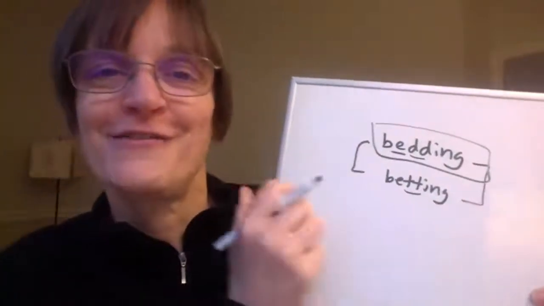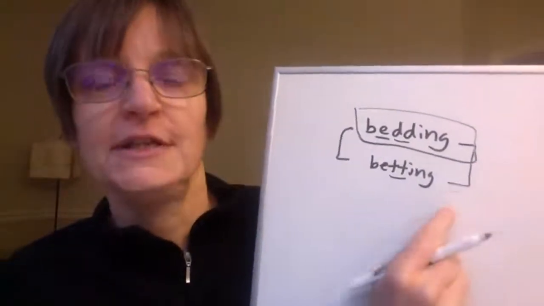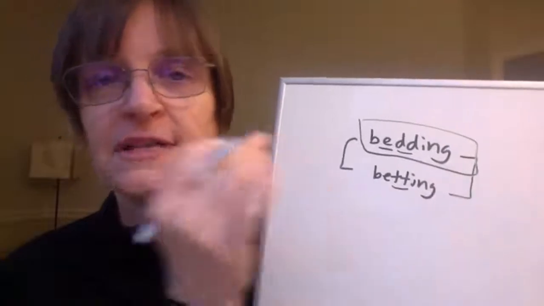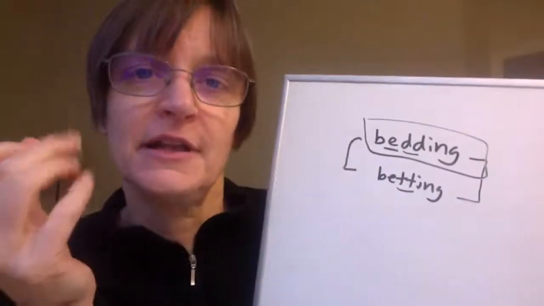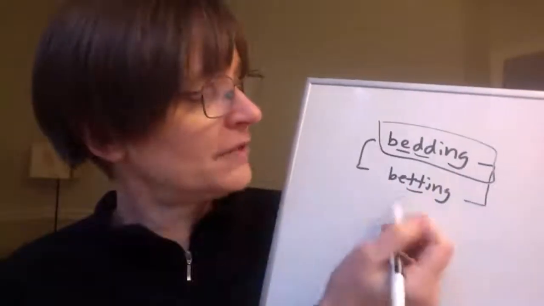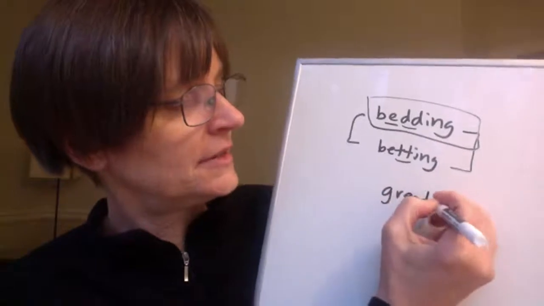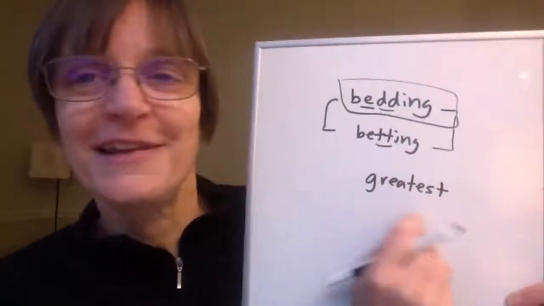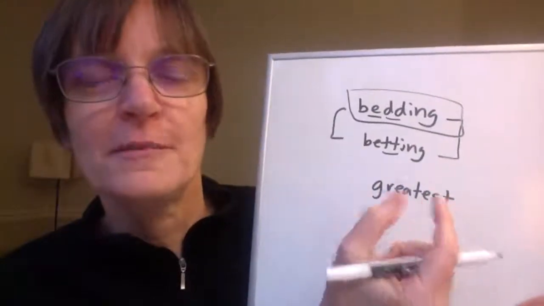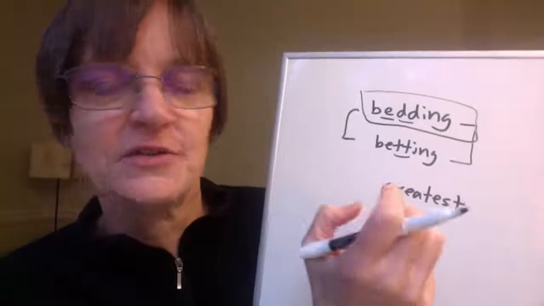And so I'll have that for you fairly soon to work from a medial D to a medial T. In general, thinking about the flap T, just trying to think about it as a light touching up D and rewriting words. So if I'm trying to say greatest and I see that spelling, here we're back to my theme, the spelling. If I see that T, it might be hard for me not to say greatest using a T sound.